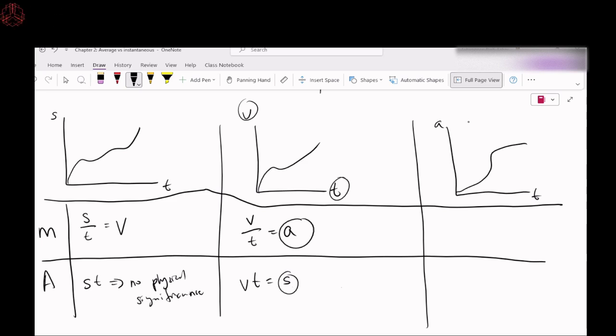Now for the AT graph, acceleration against time, I'm going to have A over T, which again has no physical significance. But the area under the AT graph represents velocity.